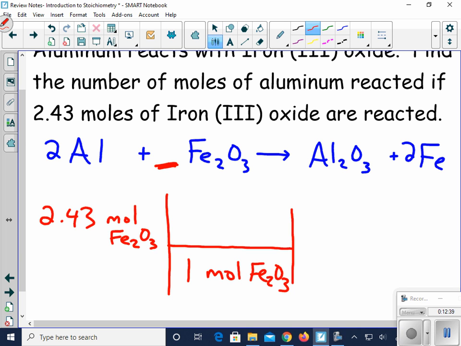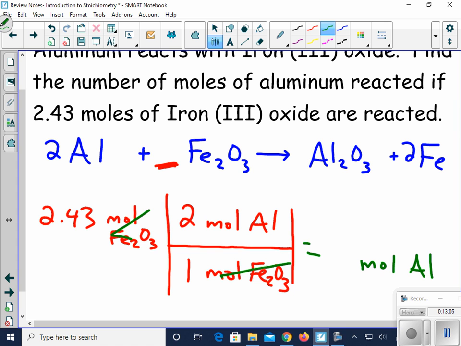Because when there's nothing there, it is a 1. Okay? What am I going to put on the top here, Ella? 2 moles of aluminum. I cancel my moles of iron 3 oxide. Gives me a label of moles of aluminum. That's what I was looking for, right?